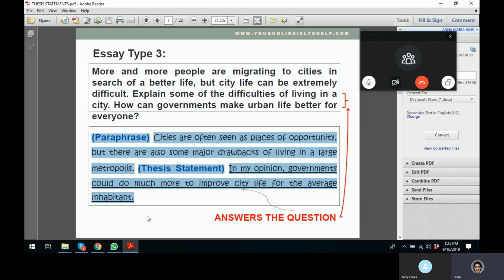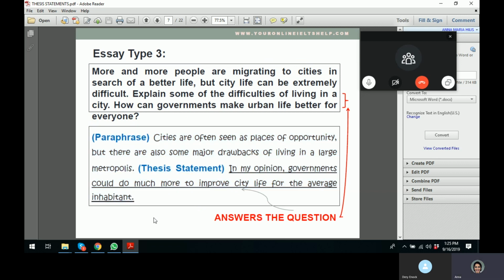Please read the paragraph in the introduction. Cities are often seen as places of opportunity, but there are also some major drawbacks of living in a large metropolis. In my opinion, government should do much more to improve city life for the average inhabitants. Okay. So as you notice here, I noted that the thesis statement answers both questions.